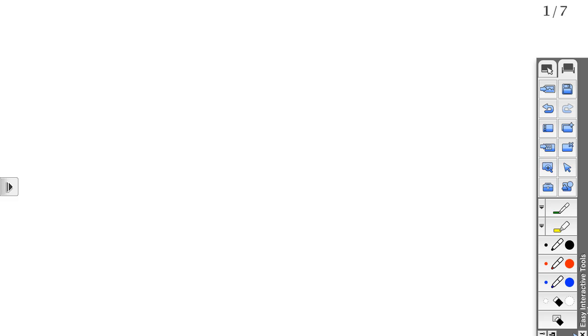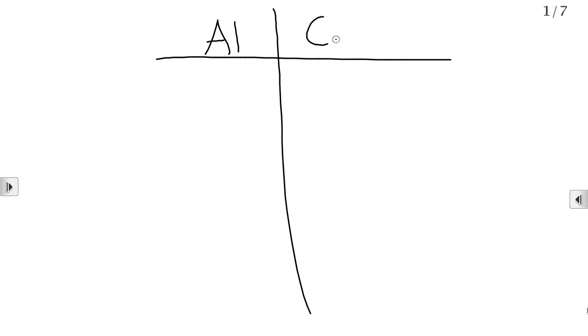So let's do a couple more of these. The next one on the list is aluminum acetate. So I have aluminum and I have acetate. What's the charge on acetate? 1 minus. And what's the charge on aluminum as an ion? It's on the periodic table. 3 plus.